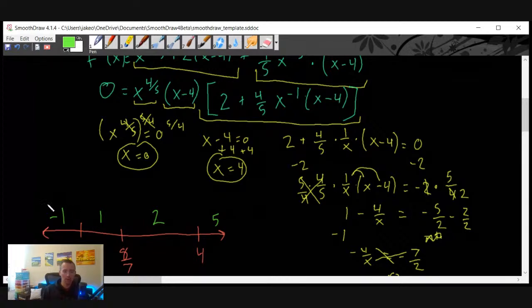So we can plug in x equals -1 into this whole function here. And if we do that, what we are going to find is we would get -1 to the 4/5, which should be a positive number because we have an even number in our numerator. That's going to be like -1 to the 4th, and then raised up to the 1/5 power, which just takes the 5th root.